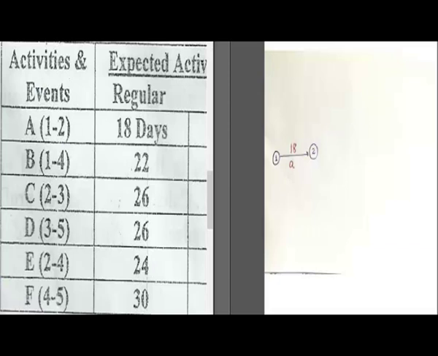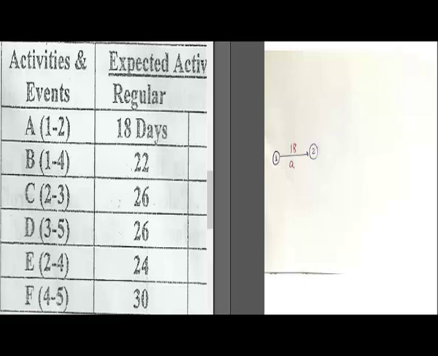In the first requirement, you are asked to draw the Pert Network. Activity A connects between the event 1 and 2. It means that it starts at point 1 and then ends at point 2. And this takes 18 days regularly.